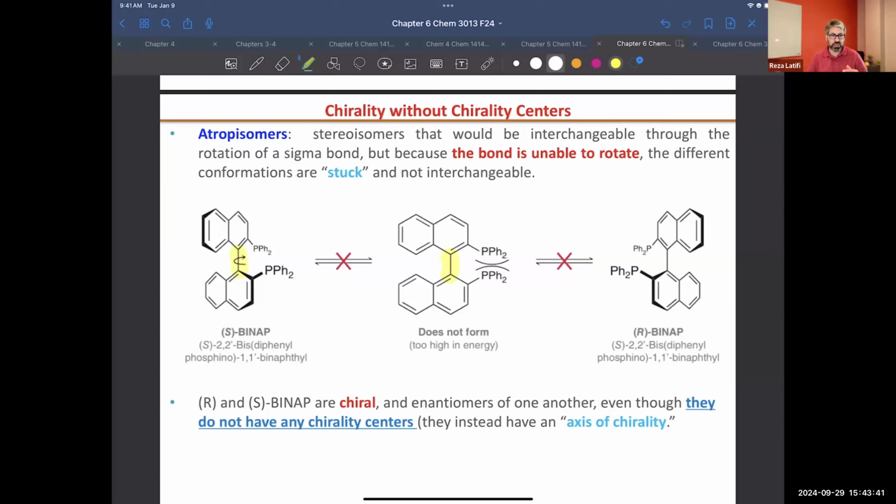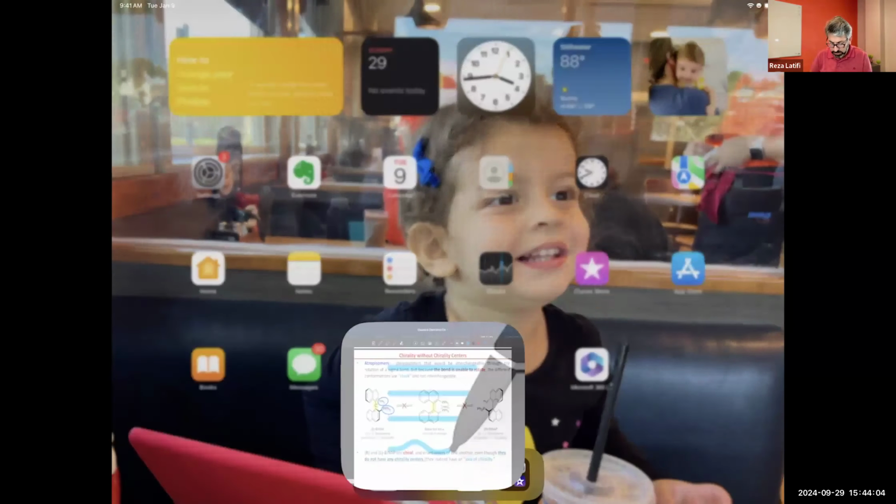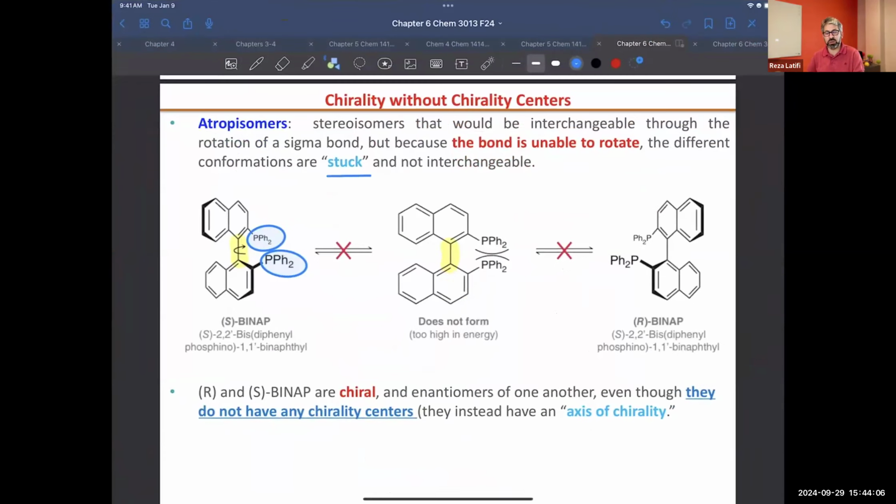But in this case, because we have bulky groups, those two bulky groups very soon are going to see each other, and when they get too close to each other, they cannot pass each other. They will be fixed. Why? Because they are too close and repulsion between them will repel them. So the system will be locked, or stuck in a specific position.